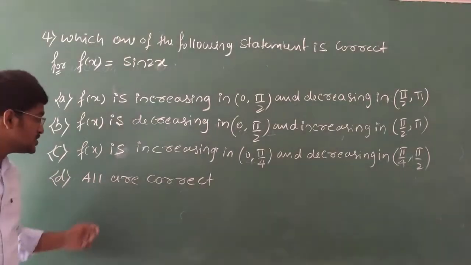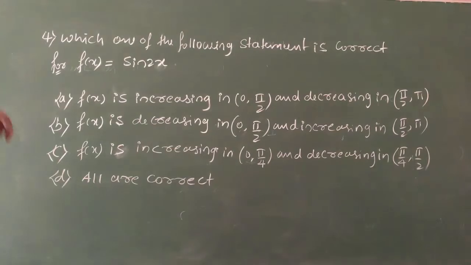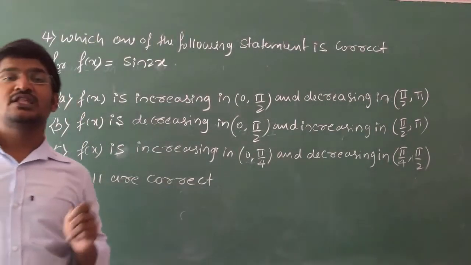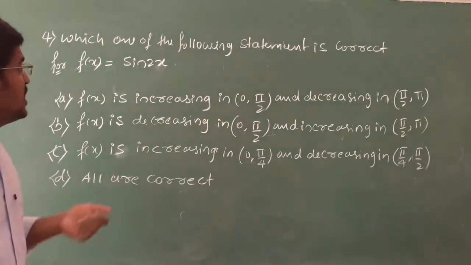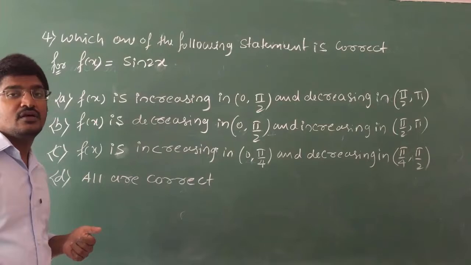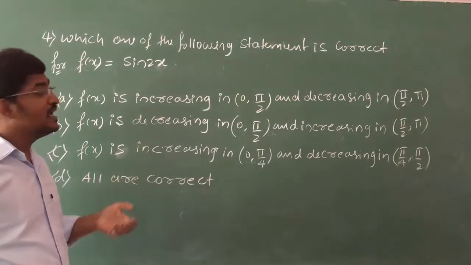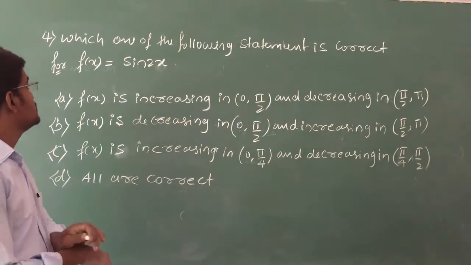And option D is all are correct. So for this function you have to check where it is increasing and decreasing, then you will have the intervals, so that will be the correct answer.